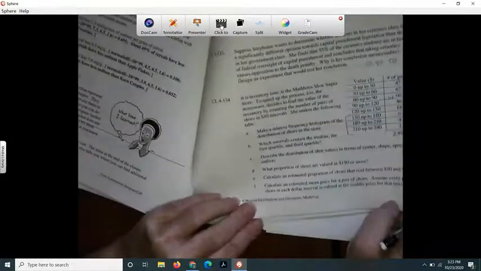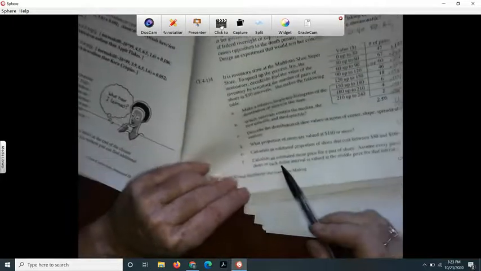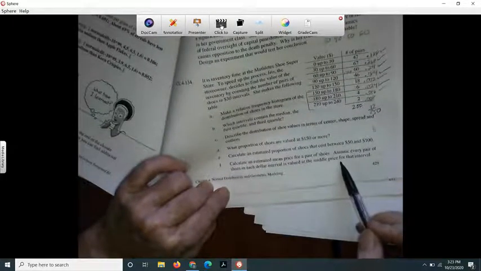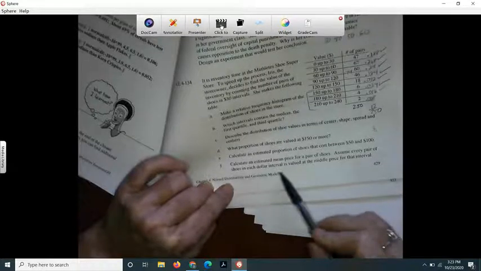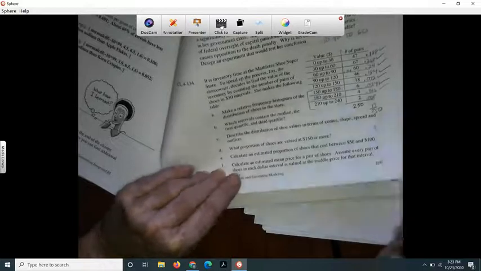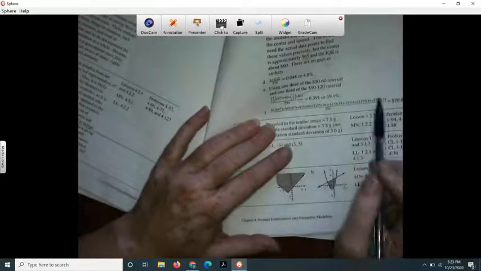And then letter F finally says, calculate an estimated mean price for a pair of shoes. Assume every pair of shoes in each dollar interval is valued at the middle price for that interval. So I'm just going to show you what they did. We know that to get a mean, it's like an average, and you add them all up and divide it by how many there are.